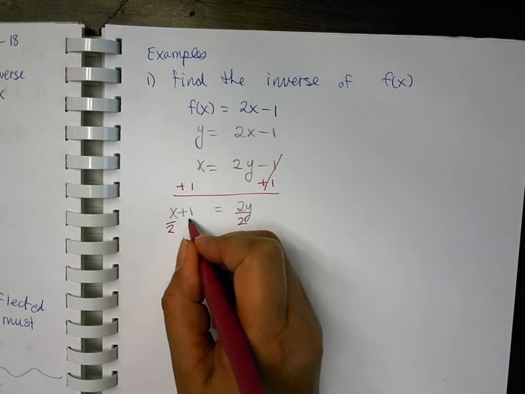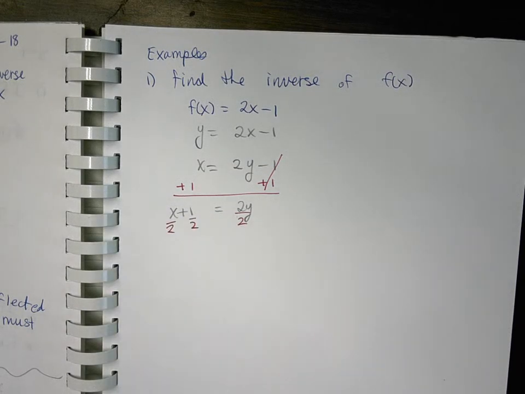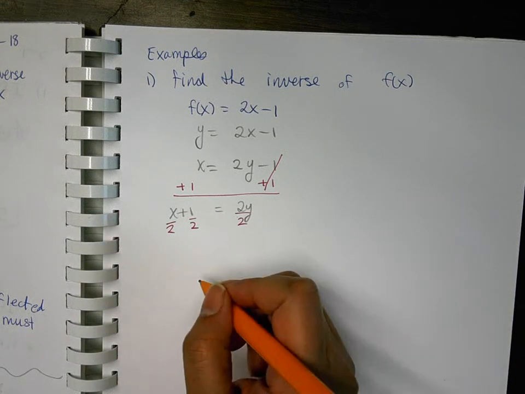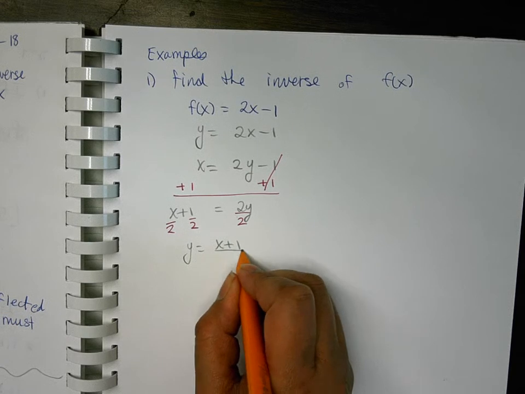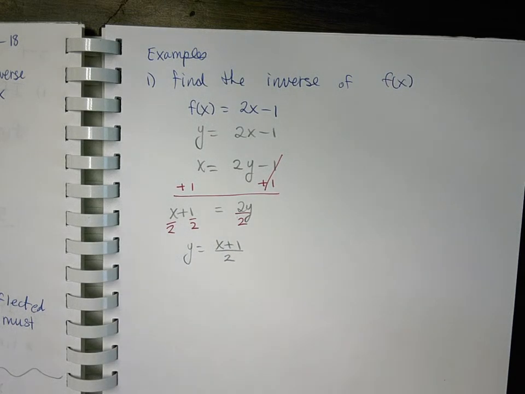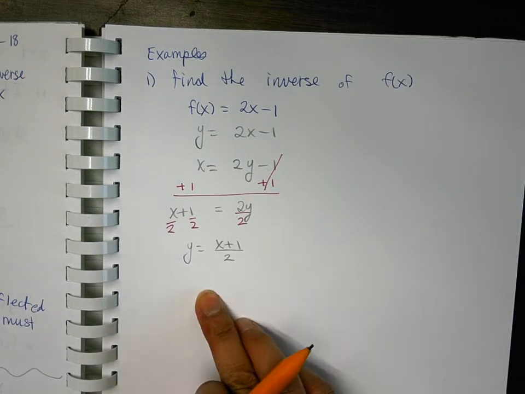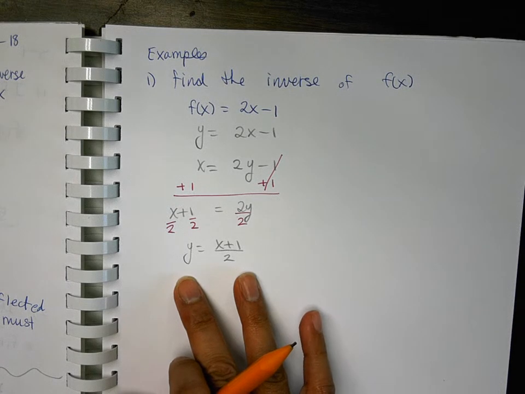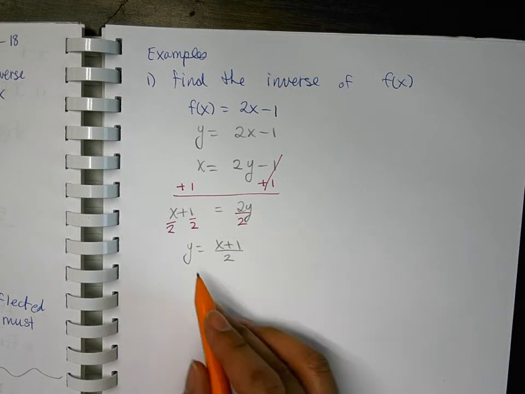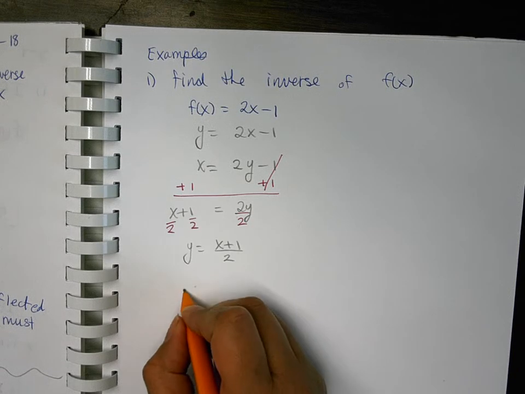Divide both sides by 2. Now you can do individual 2's like that, or one big fraction 2. Totally up to you. Y equals like that or like this. Your choice. All right, the only thing I ask is that you write it as f inverse.